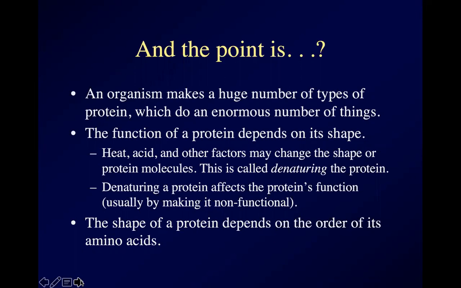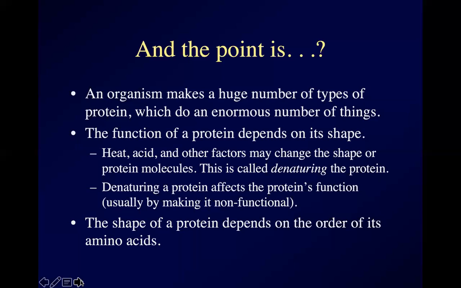Now, you're not breaking the albumin down unless you're burning the egg. But what that heat is doing is not breaking up the protein, but making it change its shape. And once it changes its shape, it no longer has the physical properties that it did. It goes from being runny and transparent to solid and white.